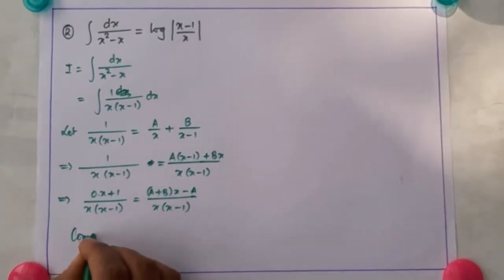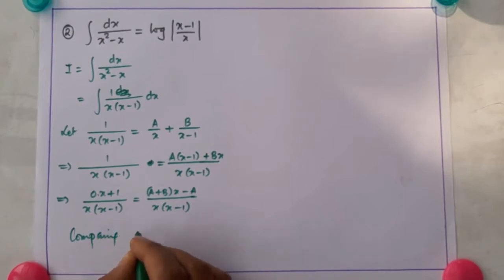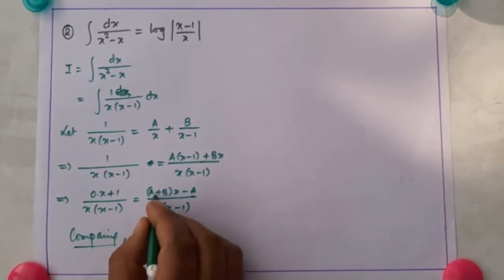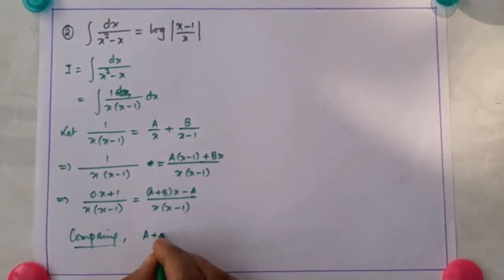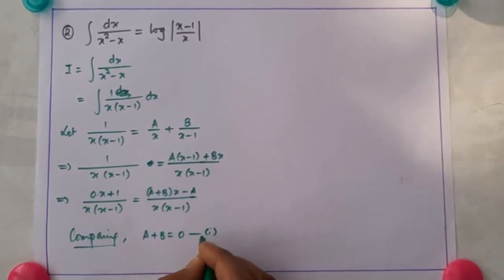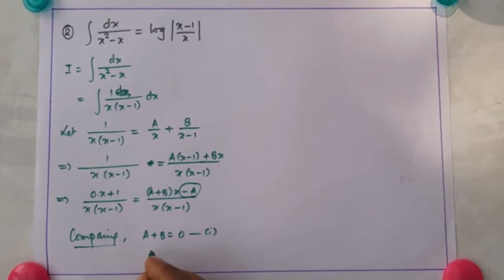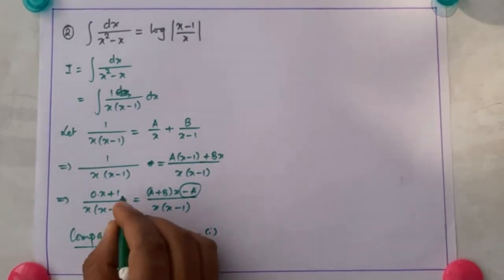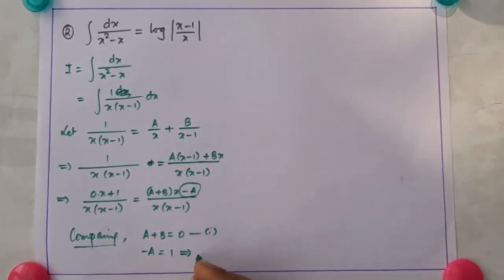So when you compare both sides, you see that a plus b is equal to 0, call this equation 1, and the constant term is minus a, so minus a turns out to be equal to 1, which implies that a is minus 1. Let me call this 2.